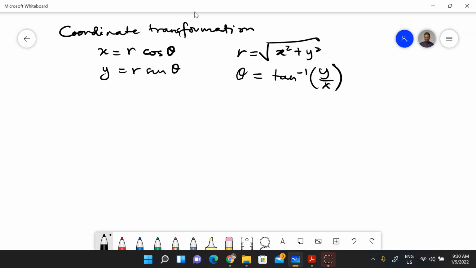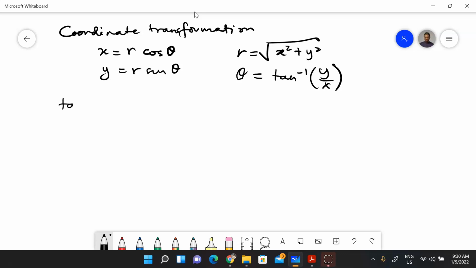Again, one could ask the question, how do you get d theta dx, for example? So let's do that. Here I'm going to rewrite the original equation of this.